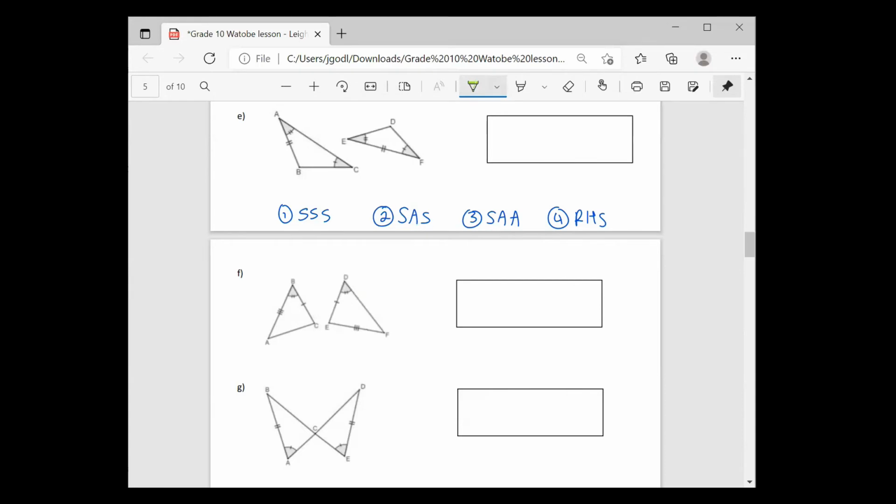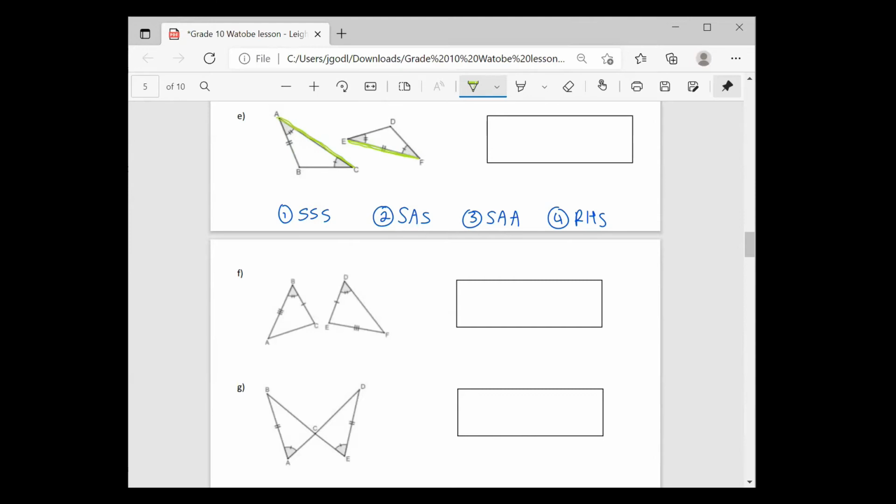Okay, so for E, I'm seeing answers of SAA. And you're right, there are two angles and there is one side. But the side isn't in the same place in each triangle. You see how on this one, it's between where our two angles were, but here, it's up where AB is. If it was in the same place, it would be on AC between those two angles over there, and it's not.